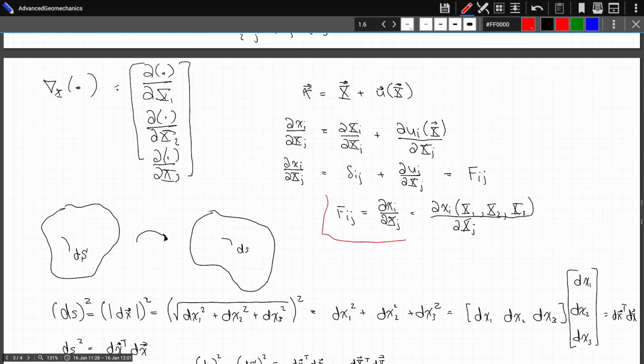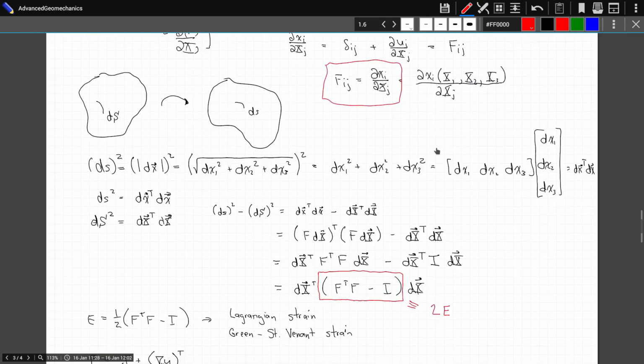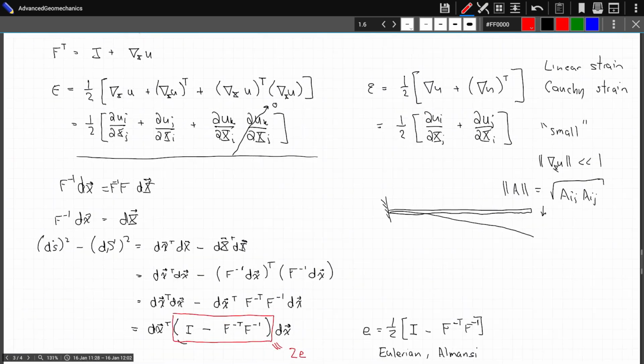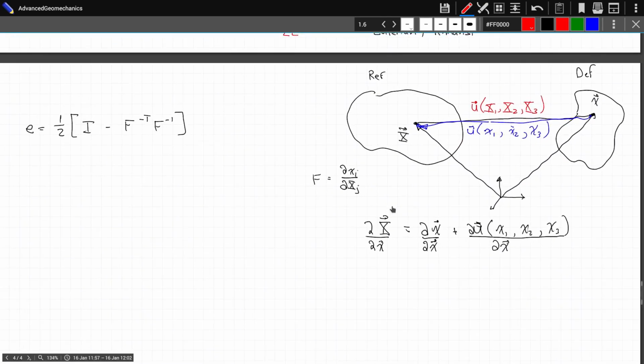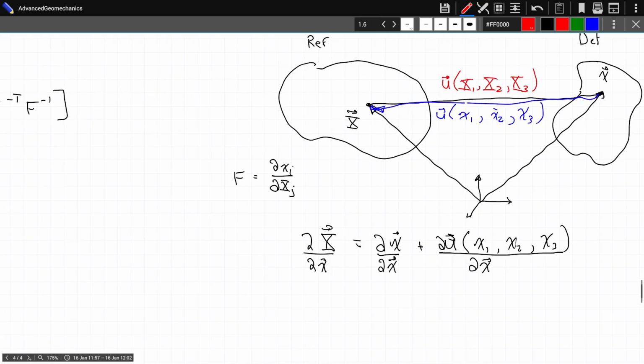And the way we derived that is we just wrote little x in terms of big X and u of big X, right? So now we have partial big X, partial little x. What is that? This is partial little x, partial big X.